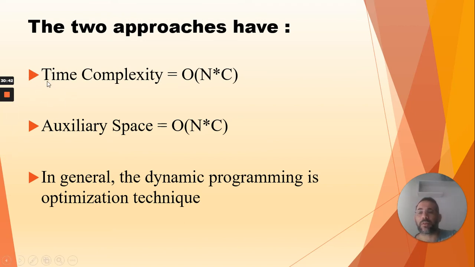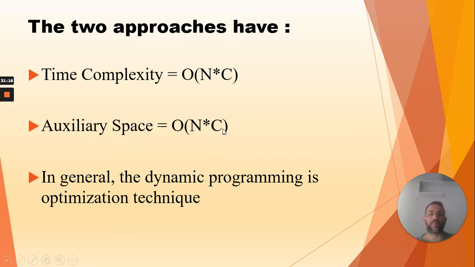We can name this time complexity polynomial time. Because we are using memory, the auxiliary space equals big O of the number of items multiplied by the capacity of the knapsack.